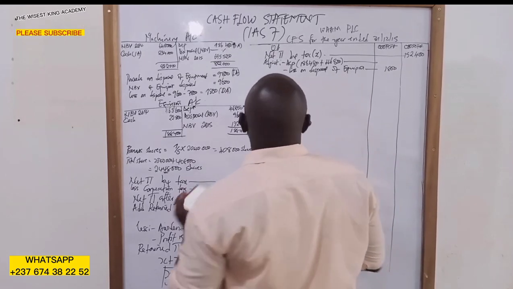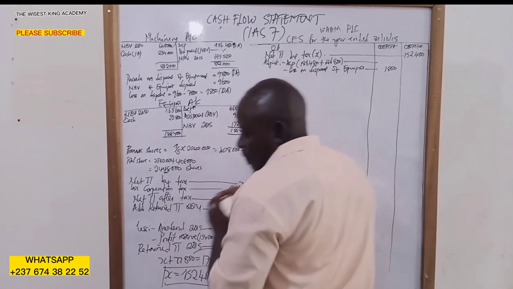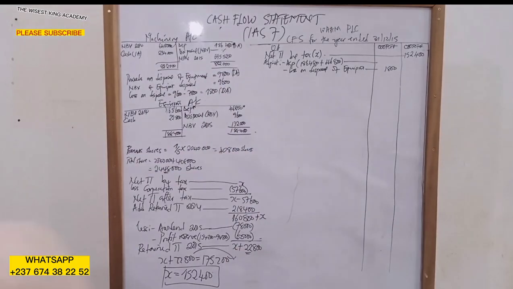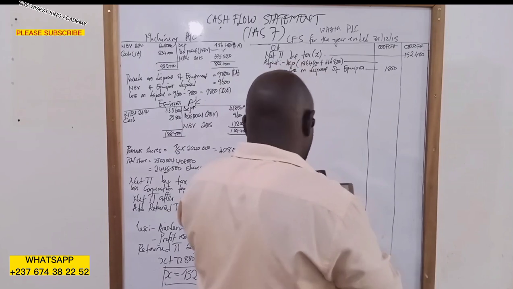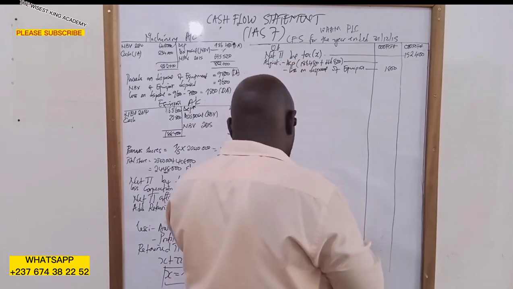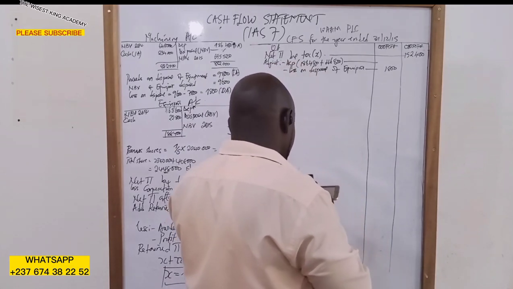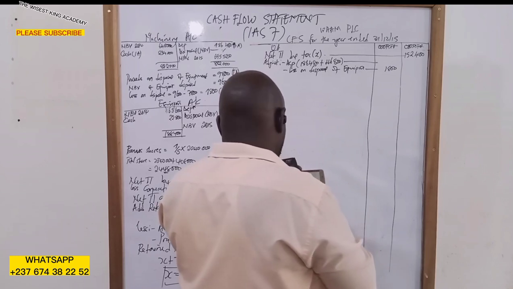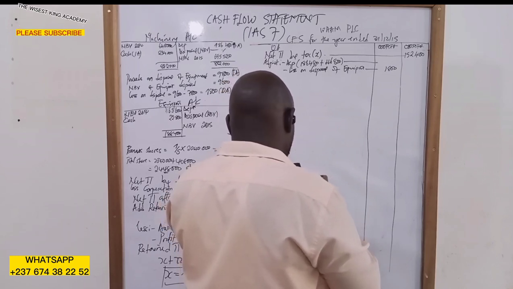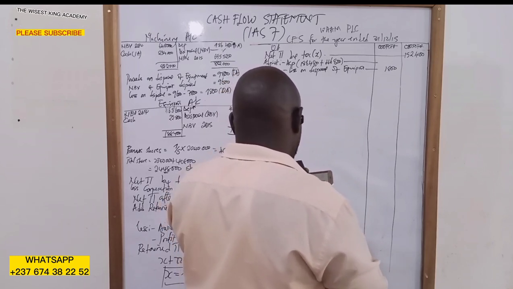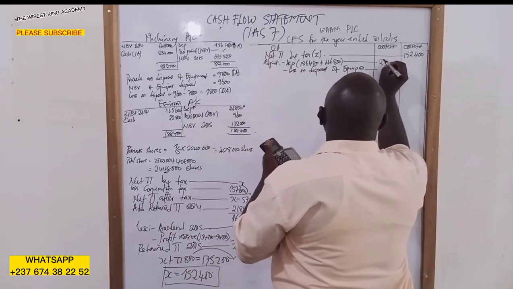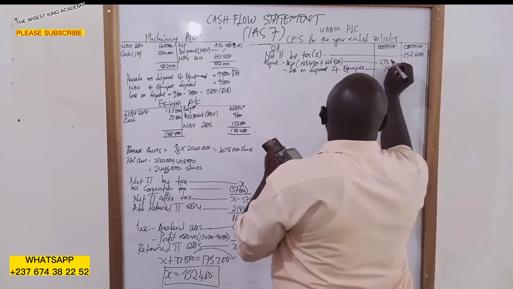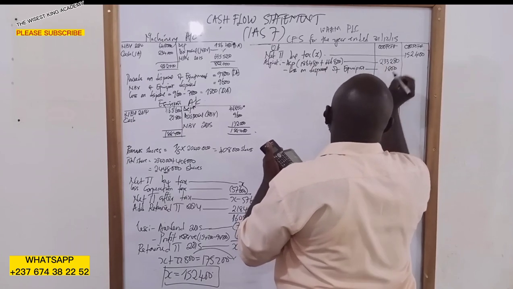Okay, let me calculate this total. I take 186,480 plus 46,800. That's going to give me 233,280.